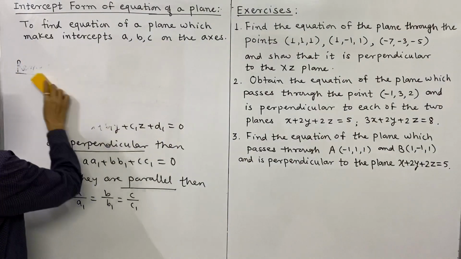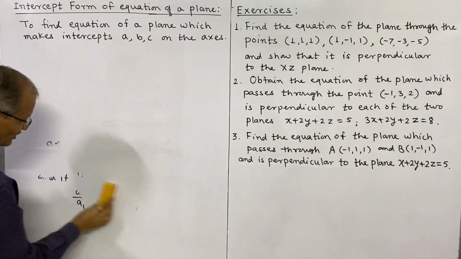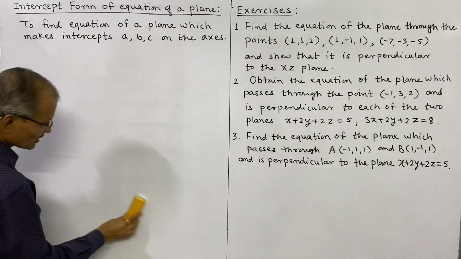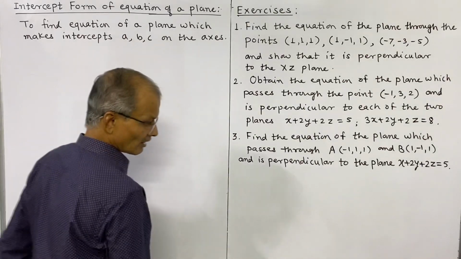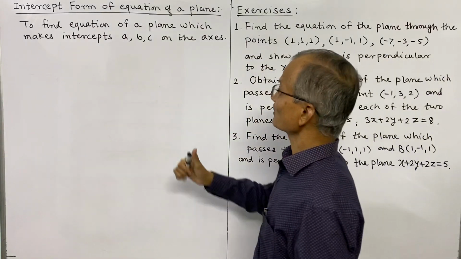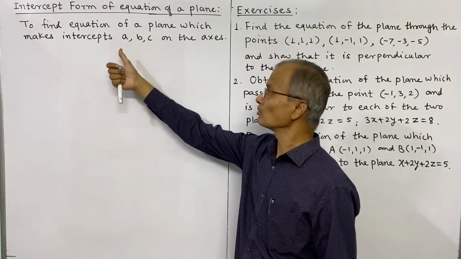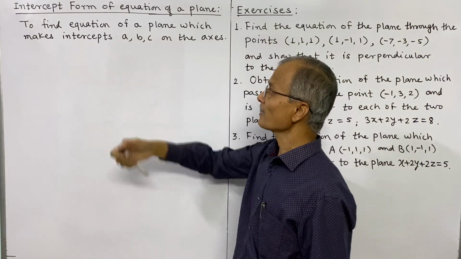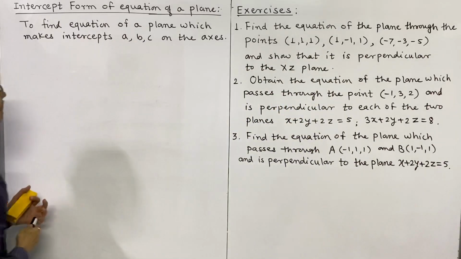Now we shall see the next form, which is known as the intercept form of equation of plane. We know what is the meaning of intercept form. That means the plane cuts the x, y, z axes at these lengths. That means the length from origin to the point on the x axis is a, and the length from origin to the y axis is b.